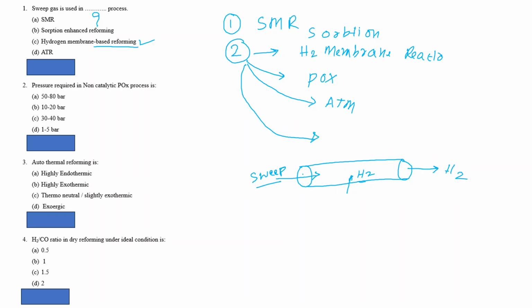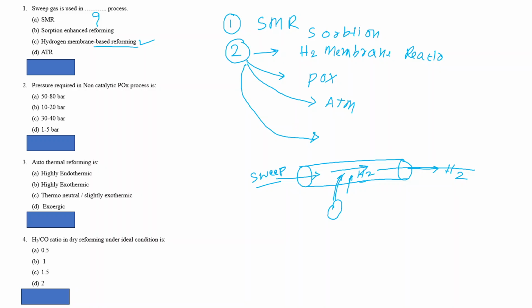This will sweep the hydrogen, meaning it will carry the hydrogen and remove it from here. If the removal process is very fast, then the newer hydrogen gas produced from the SMR reactions will easily come into the membrane, and again the generation kinetics will be higher.